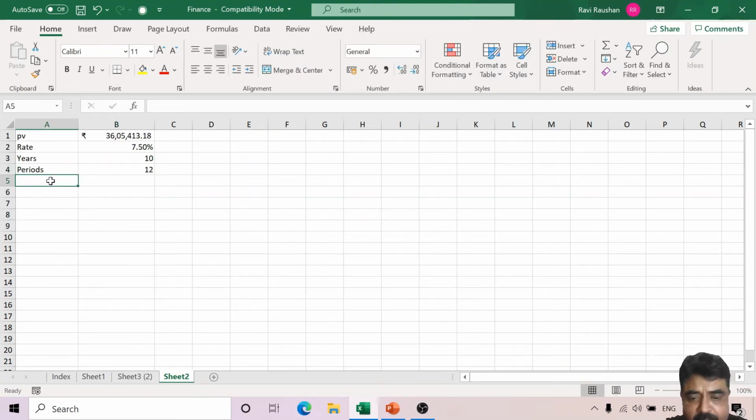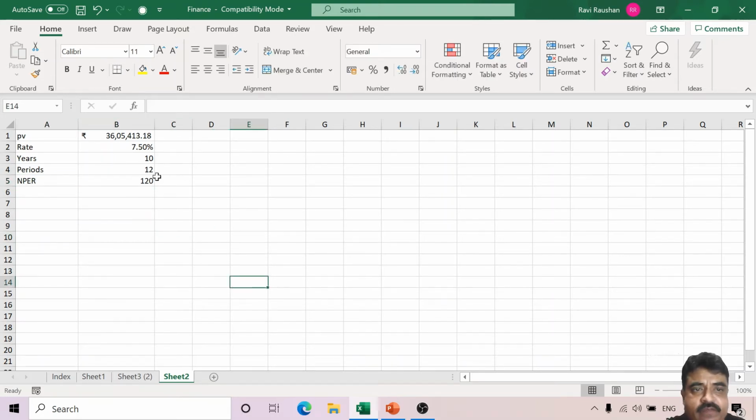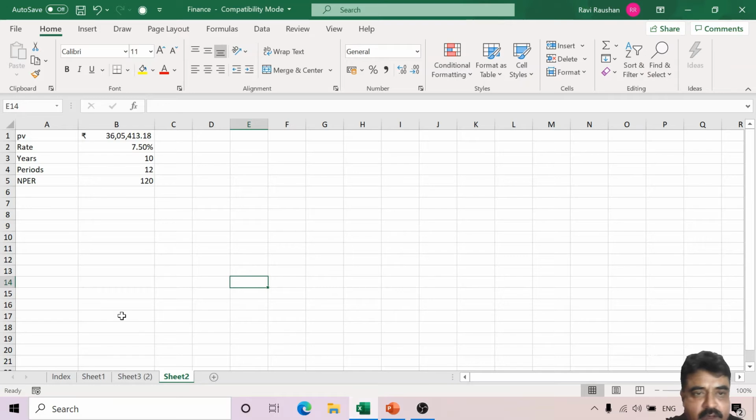So my NPER that comes here is 120. So if this is there, I can actually calculate the installment. I need not go for the scheduling again, because the question here is, which one is a better option for me, shifting the loan or keeping it with the current lender.